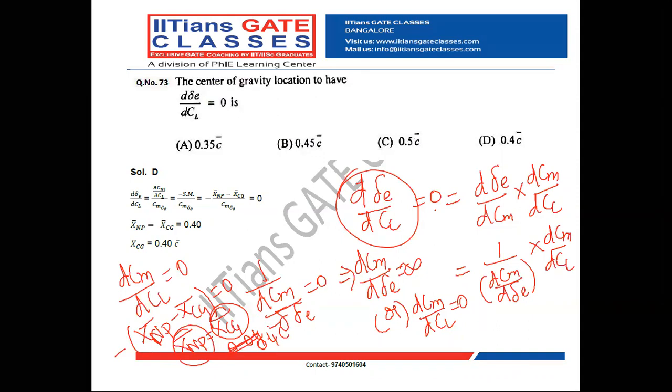Pitching moment coefficient is constant. It doesn't change with respect to alpha or CL. So in this, CG location is same as neutral point location. So it is equal to 0.4 C, which is option D, the correct answer. With this, the section is over.